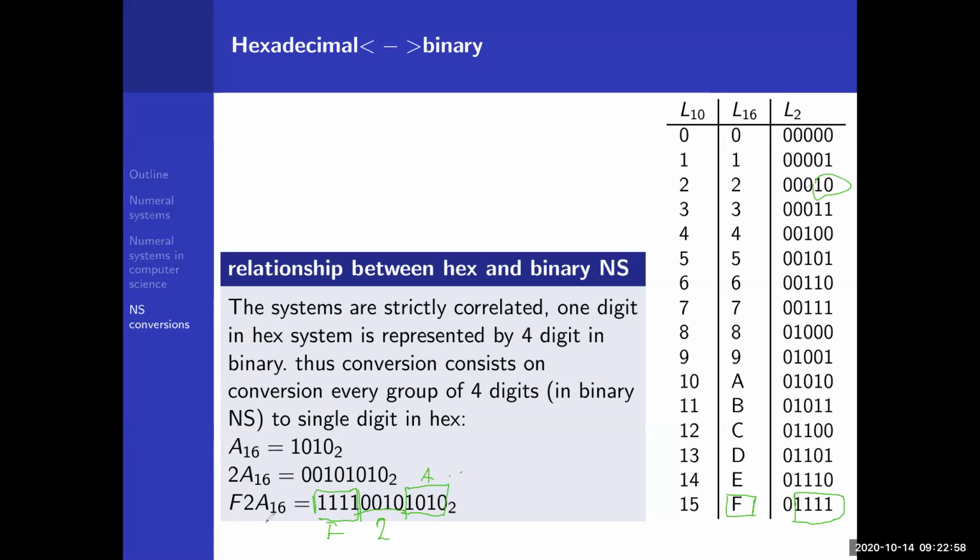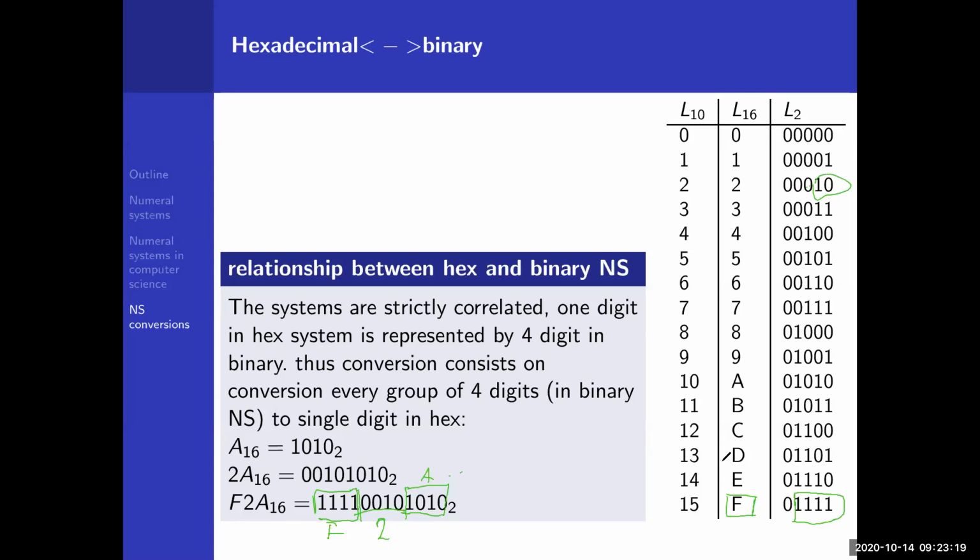In fact, computers use the binary system for calculation, data processing, and so on. But when we write programs, it's easier to represent these values in hexadecimal form because it is much more compact.